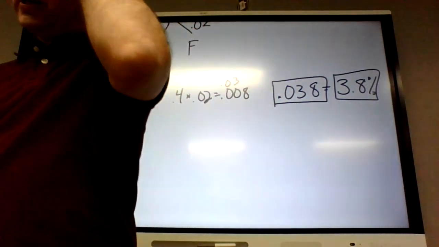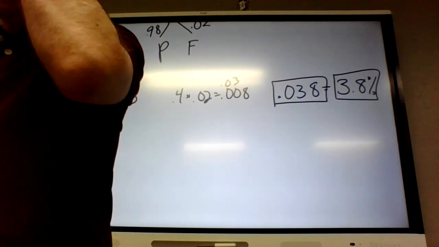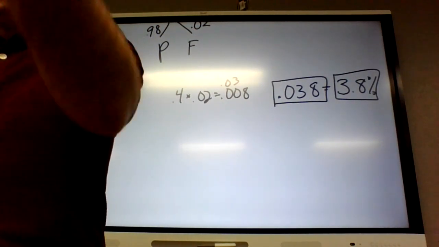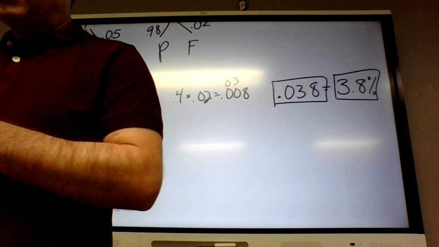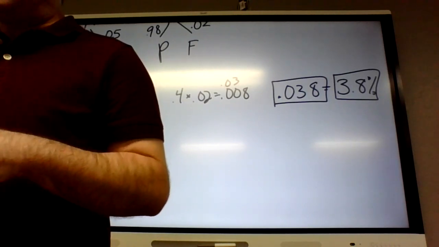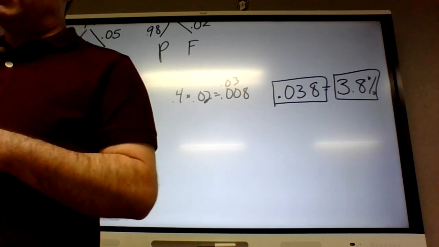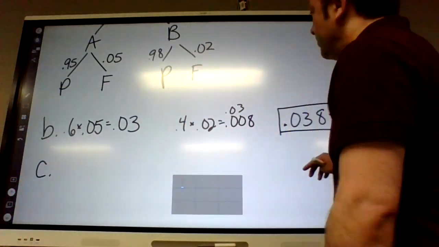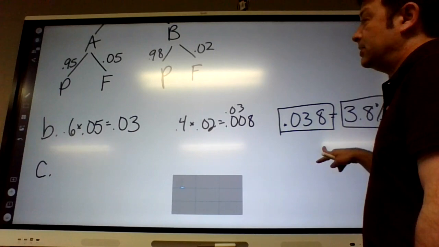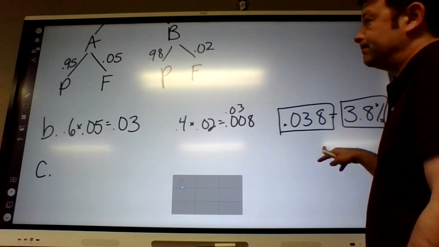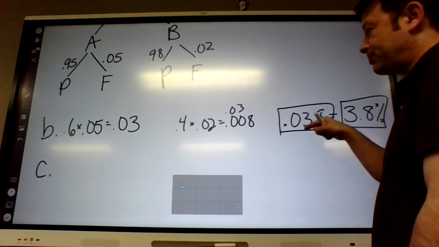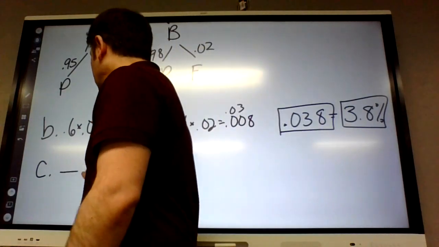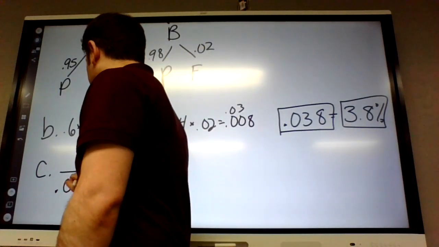Alright, C. If a bearing is inspected, okay, this is like C from the last one. This is like G and H from number 1. If a bearing is inspected and fails to have the required precision, what's the probability that it was from machine A? So, the overall fail percentage was 0.038, right? So that's like the total.